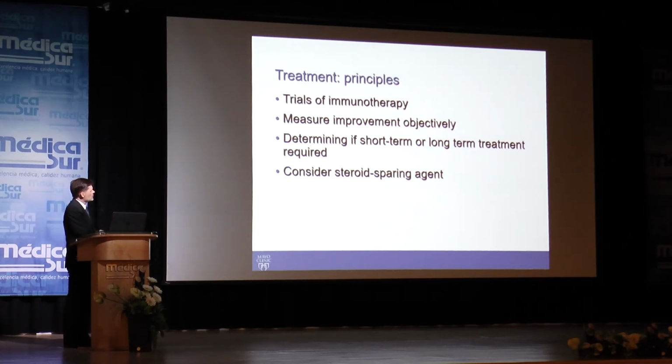We measure that at baseline, and then we treat them and measure it again. We use a protocol to treat in the short term, usually in the area of 8 to 12 weeks, and then based on the response, potentially a long-term treatment. If somebody responds very well to immune therapy, then we'll maintain that benefit, at least temporarily, with some kind of steroid-sparing drug.